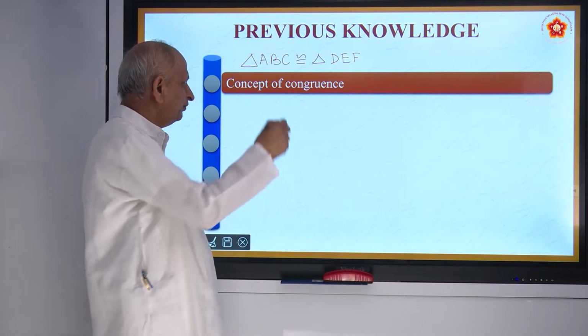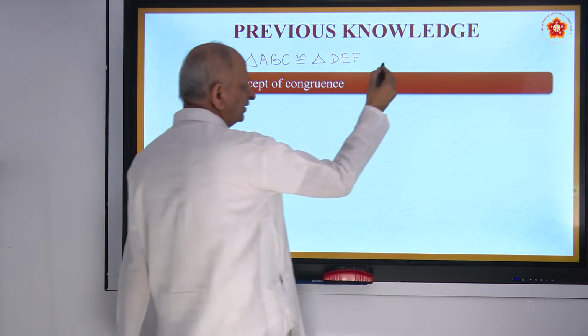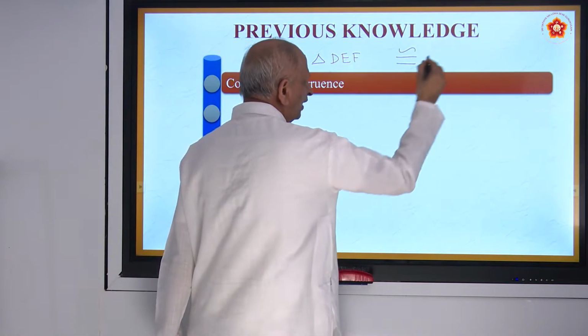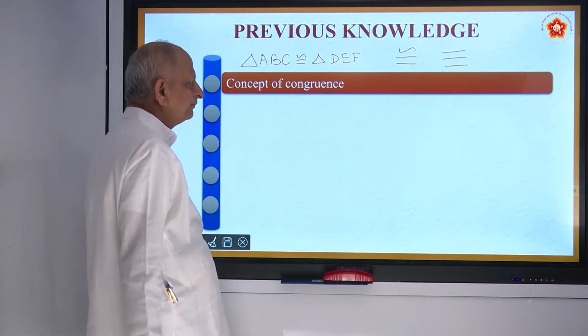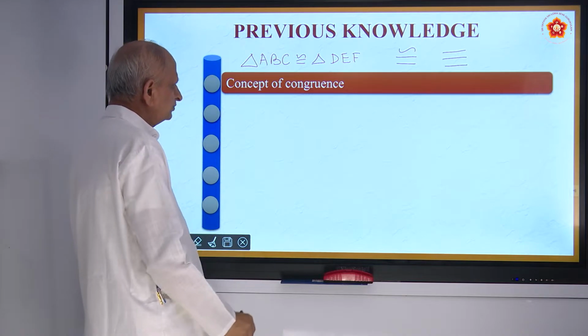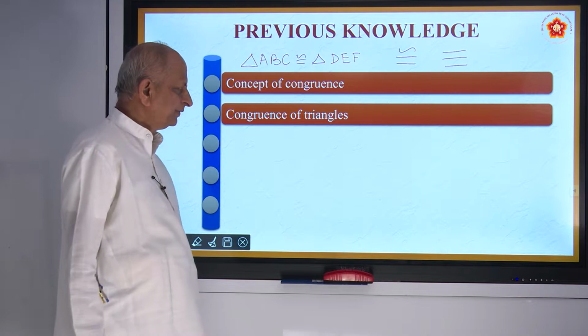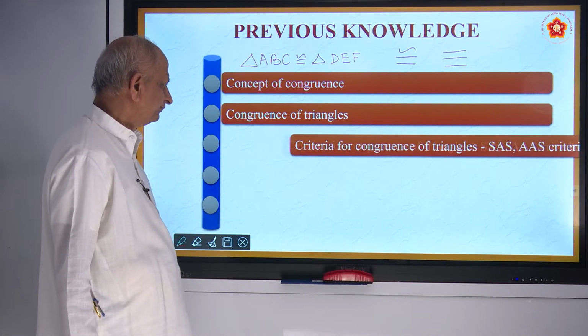So that is how we introduced the word congruence, and look at the symbol for writing congruence. Or you can write like this also. Some of the books give it like that. And also we have seen the different conditions for congruency of triangles. What are the conditions?